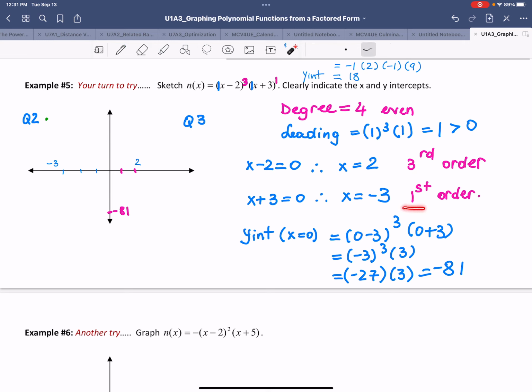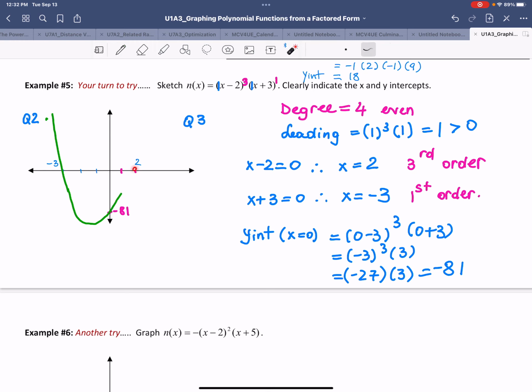Now, consult with the order of the root. That's first order, which means the graph will cut through x = −3. Next, the graph will have to make a turn because we need to go back to the next x-intercept. On my way back, I make sure that I go through the y-intercept, and I move towards x = 2.